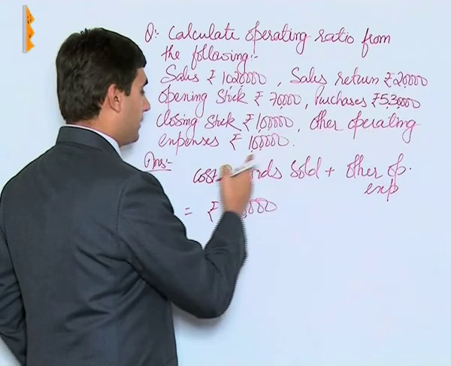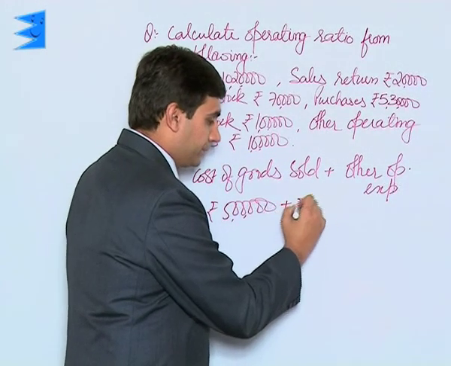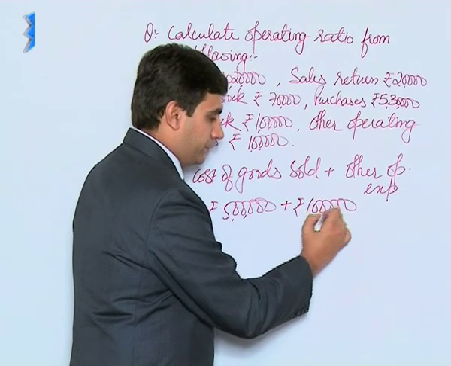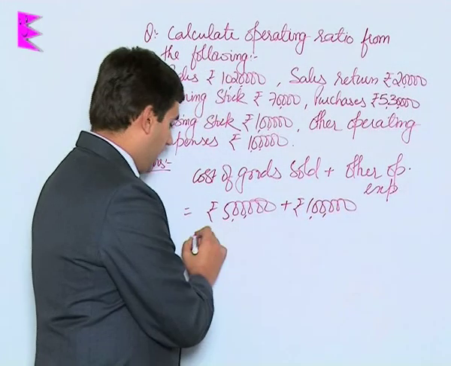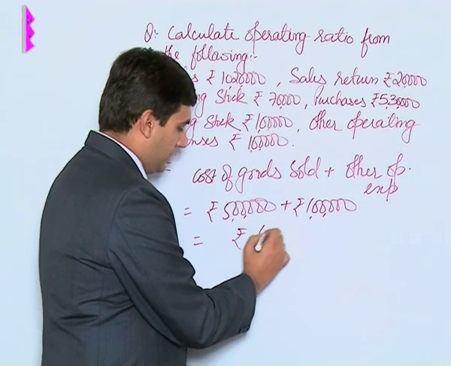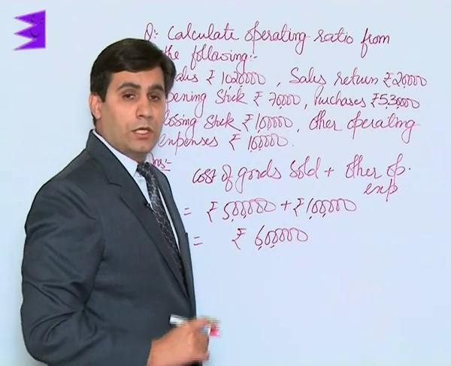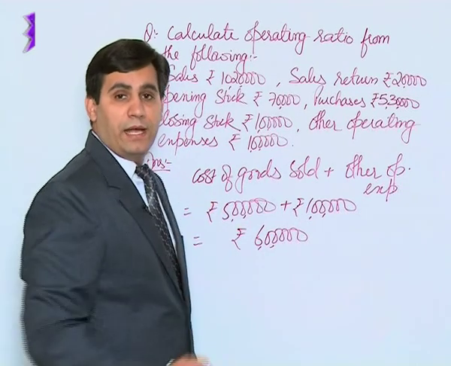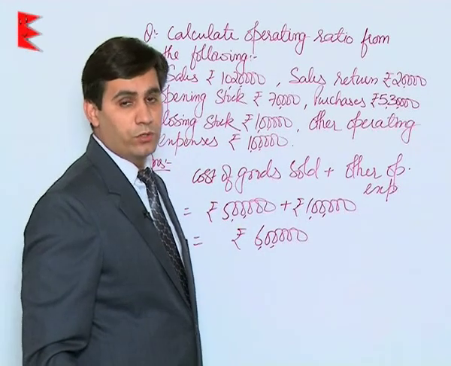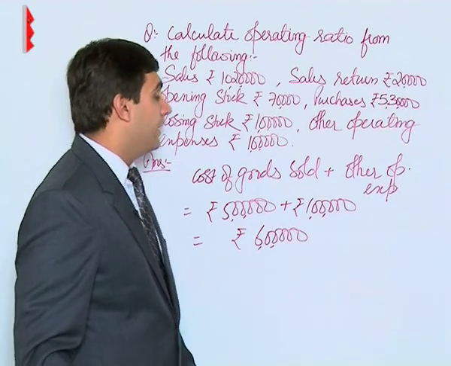The other operating expenses mentioned here are rupees 1 lakh. So we have total numerator as rupees 6 lakhs. Now students, we have both the numerator and the denominator for this ratio. So let us calculate the operating ratio.